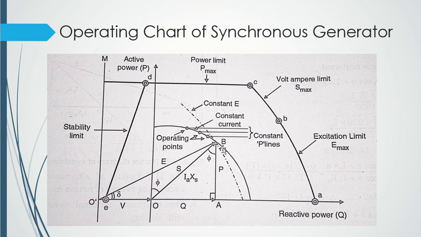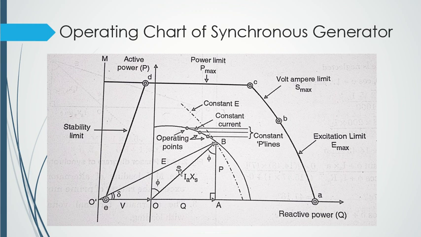So we can find if my B is under the stability limit or not. We can find the load angle delta. We can find active power, reactive power, and apparent power very easily, right? We can also find current Ia. How do we find it?